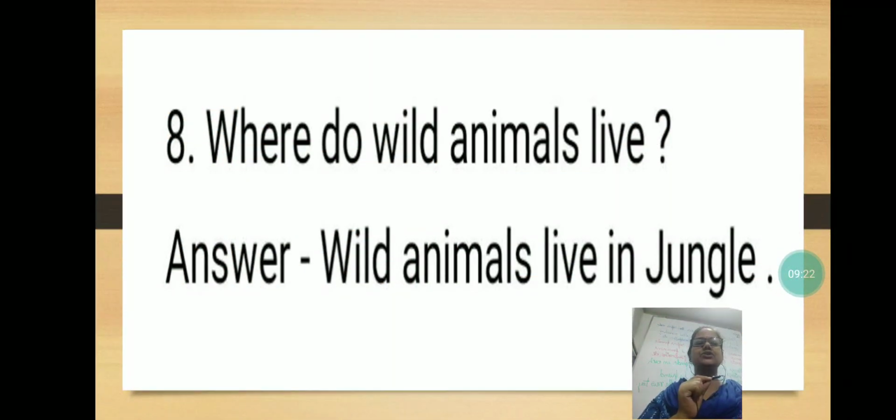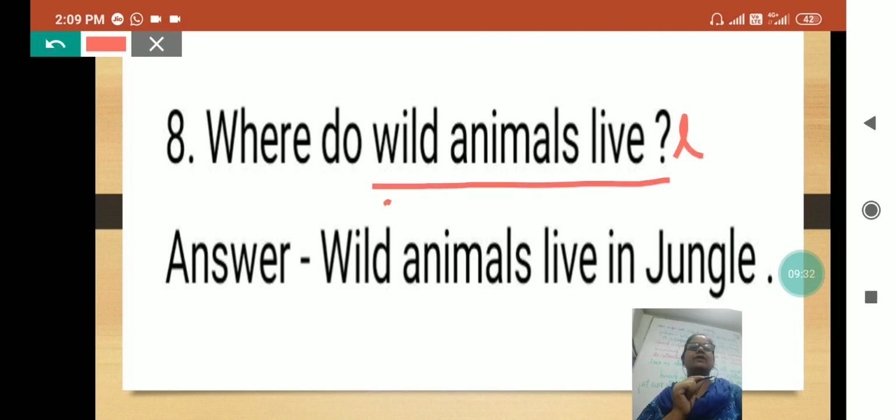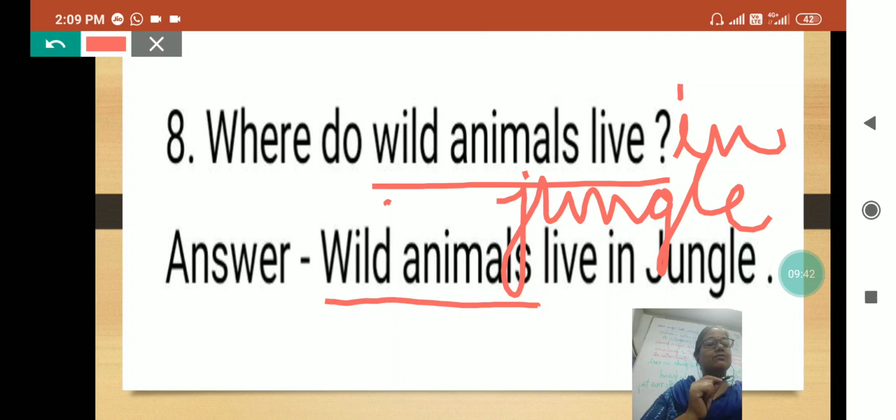Now the next question is, where do wild animals live? And we will start the answer from here. Wild animals live, and we will add in jungle. See, wild animals live in jungle. Same answer. And all of you know how important the jungle is, because it is the home of many animals.